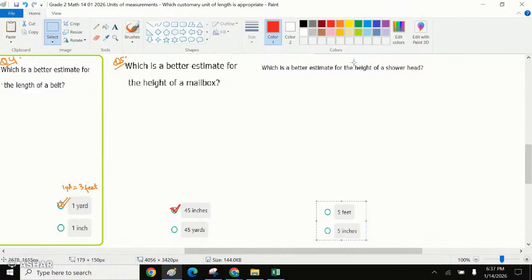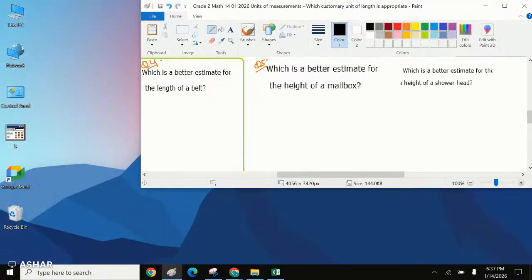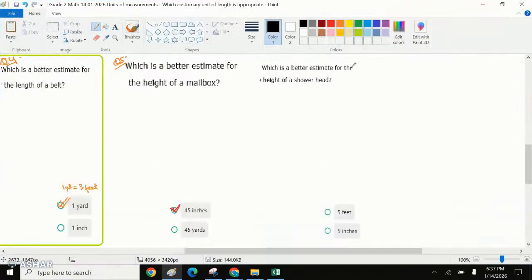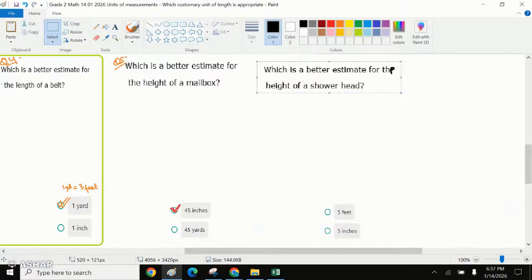Do you wish the shower head to be on the floor? Where should the shower head be? Above us, right? What we expect is that the shower head should be higher than us, nearer to our height or more than our height.